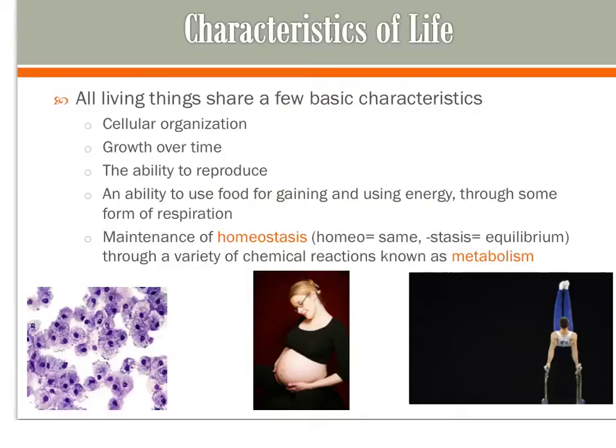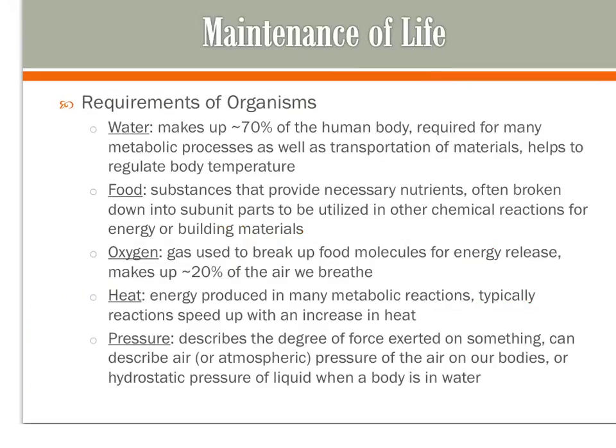It has to be able to use food and energy. And this is the big new idea that we're going to talk a lot about today, which is maintenance of homeostasis, or the ability to keep one's internal environment steady. A lot of times you'll hear that as metabolism. So that's what we're going to talk about now.